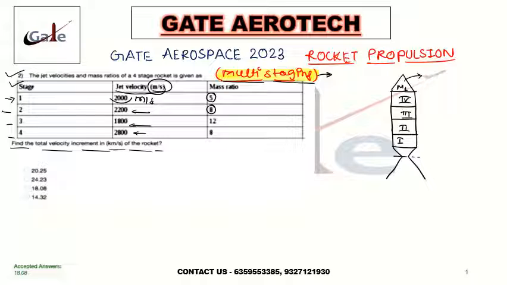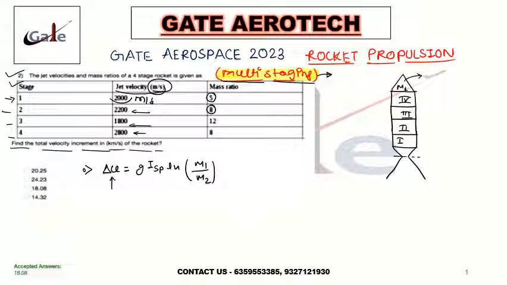Let me write the formula first. This is delta U equals G into ISP into ln of m1 divided by m2. Let me explain each term.